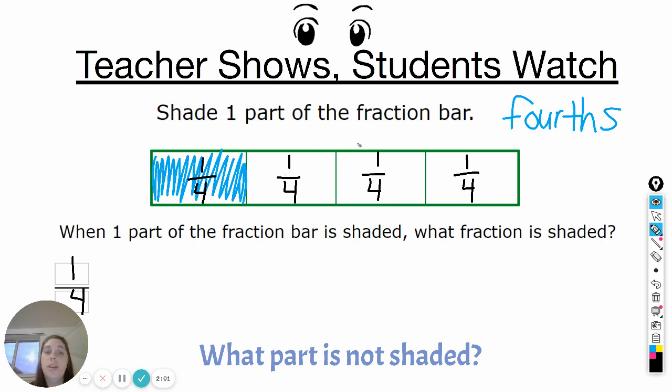Well, we have 1, 2, 3 pieces that are not shaded out of the 4 pieces altogether. So 3/4 of the fraction bar is not shaded. 1/4 is shaded, 3/4 are not shaded.